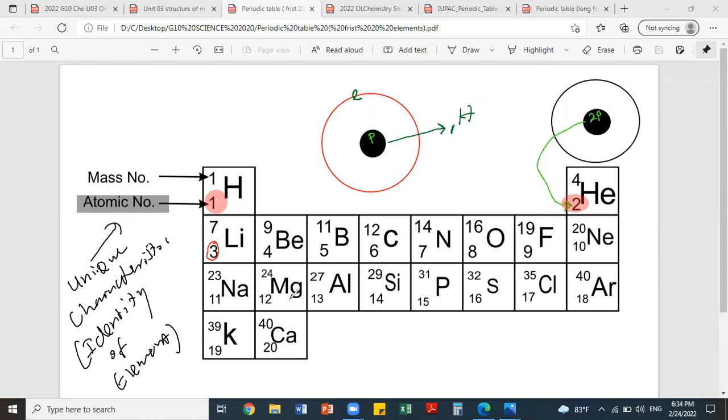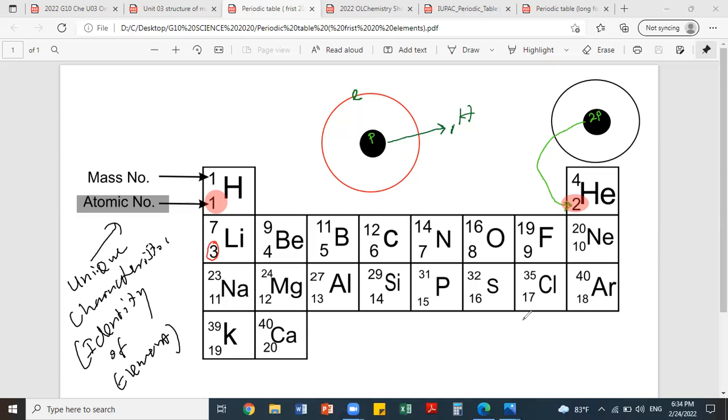What about the oxygen that you inhale? What is its atomic number? 8. It means oxygen has 8 protons inside the nucleus. And 17 protons, that's why we call it atomic number 17.